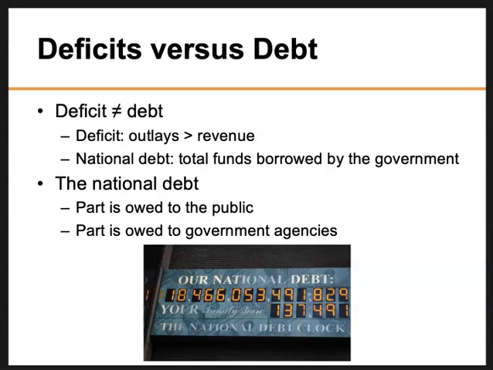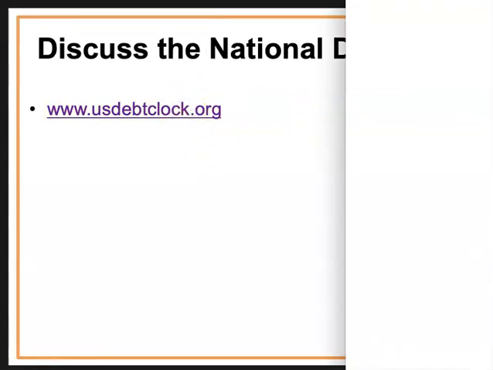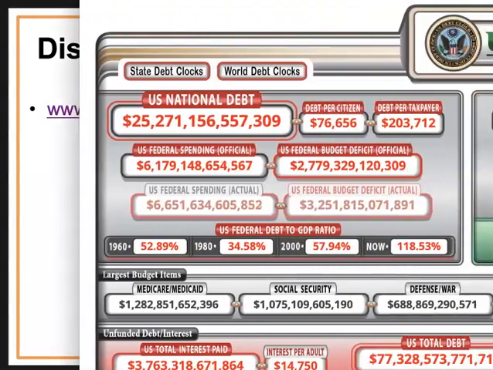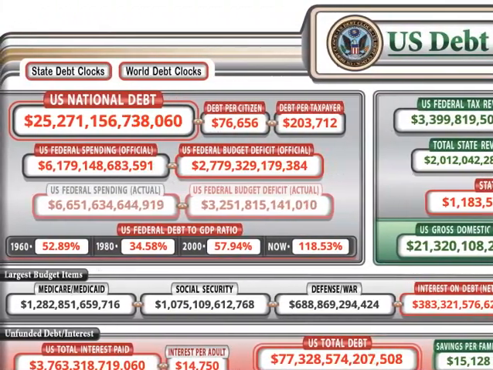So now, regarding this image that you see on the slide, national debt totaled over $18 trillion at the time of this writing, which was in 2018. And if you would like to know what is the real public debt right now, you can go on to this website, right, usdebtclock.org, and I can show you in a minute, the U.S. national debt is now $25 trillion.